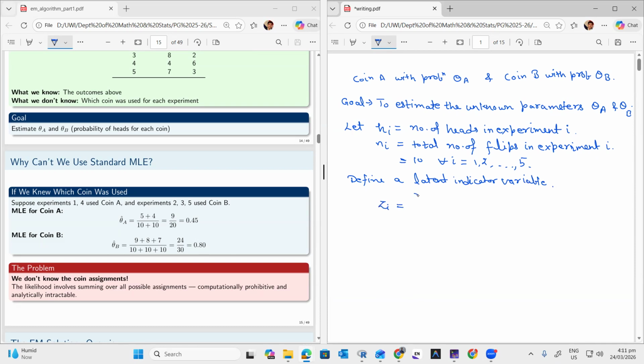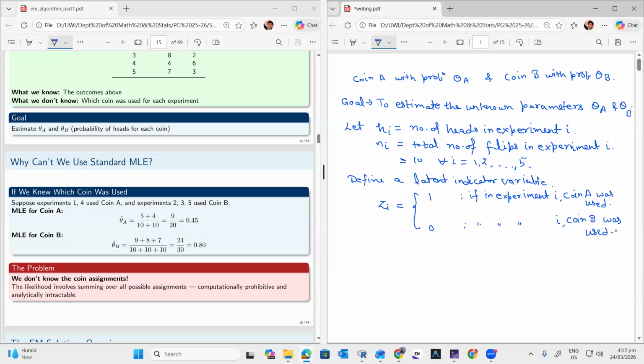Zi takes the value 1 if in experiment i coin A was used, and 0 if in experiment i coin B was used.